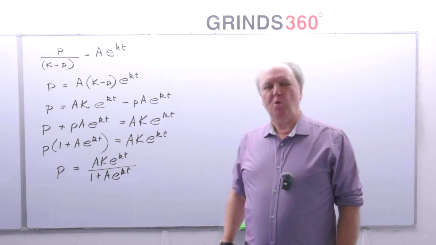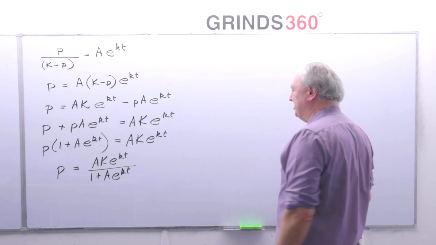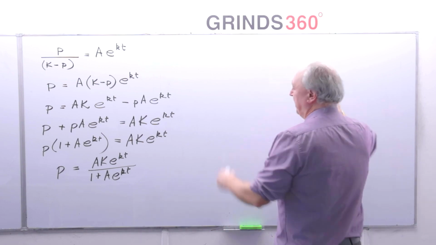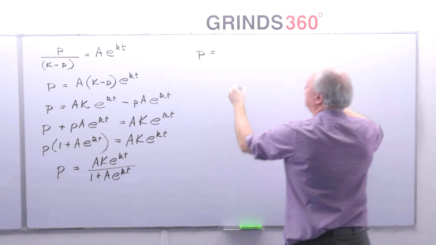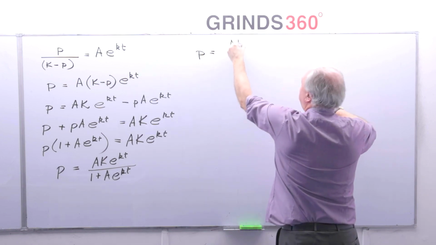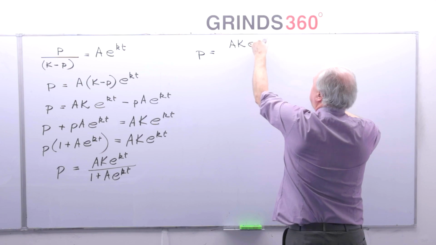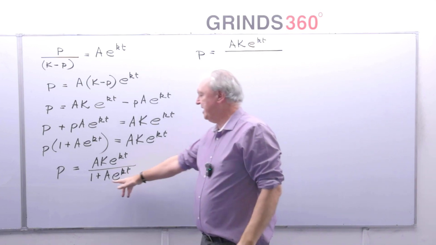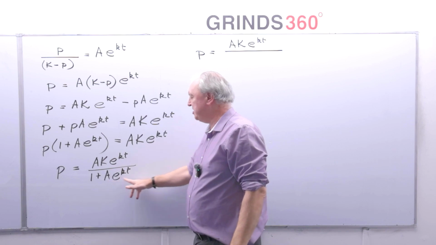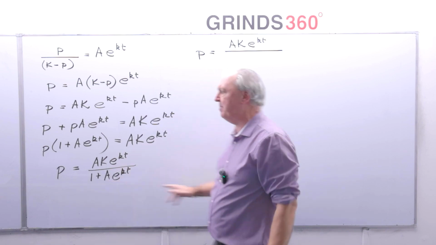Right, I'm going to do a little bit of work on that. So let me try and tidy it up. So where am I now? I've got P is equal to, top is AK e to the power of kt divided by, I'm going to take out that A e to the power of kt in common from the bottom.